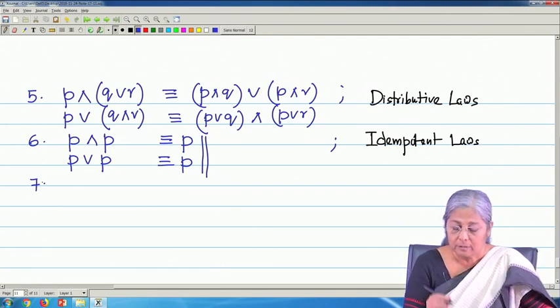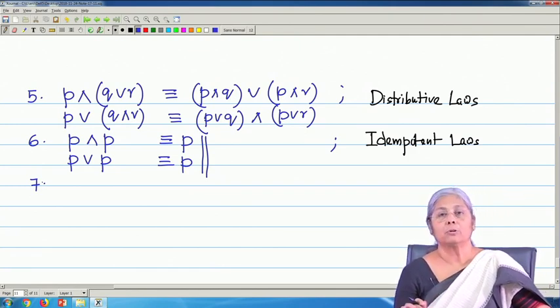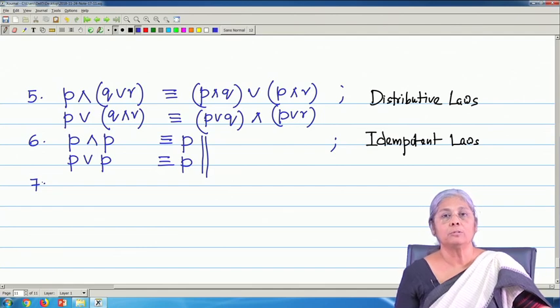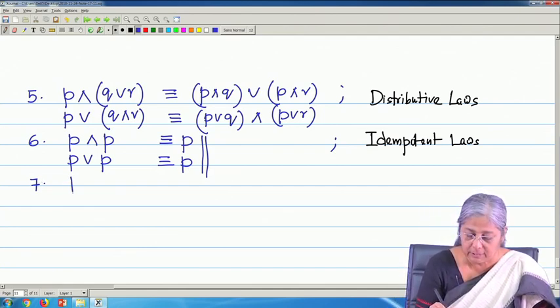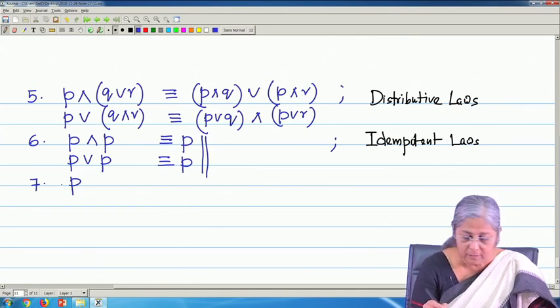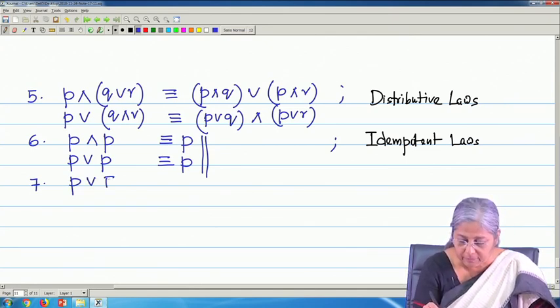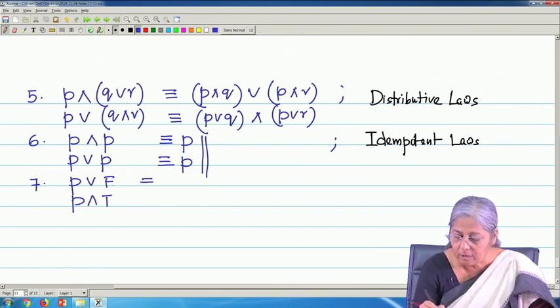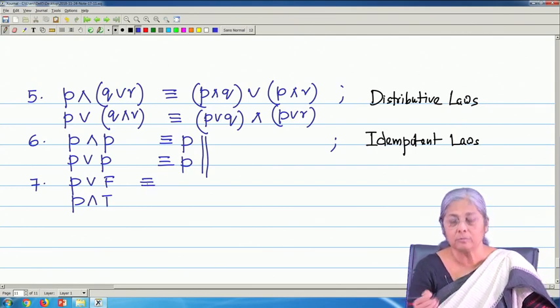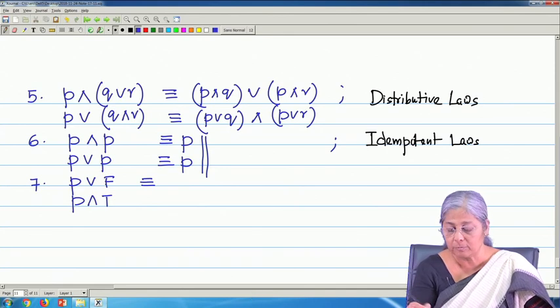Now, if I take the conjunction and disjunction with true and false only, that means P or F, or P and T, then it is P, because whatever value P has, true or false, it will take that value.